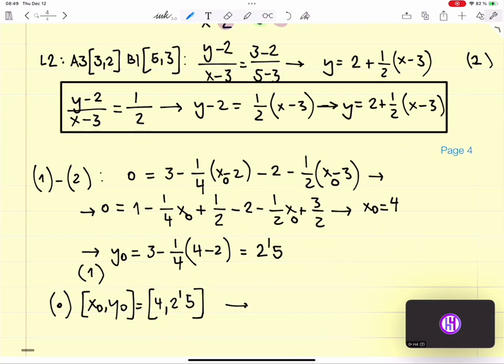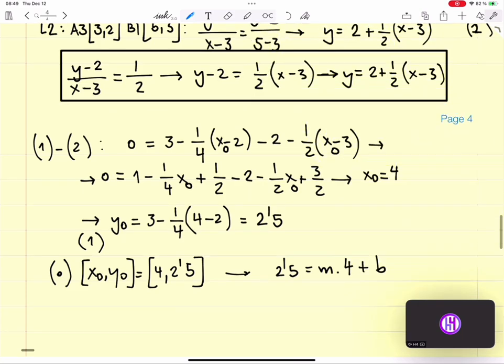As a result, we know that this is true. So this is our first equation. We need two equations to know m and b. But this is our first one. Okay. Any questions?